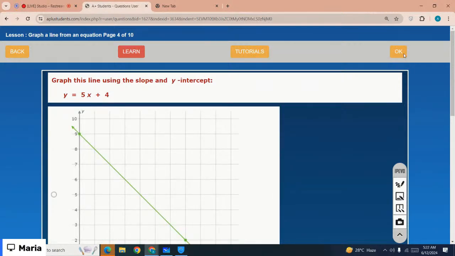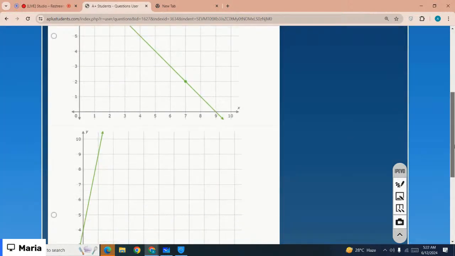Graph the line using the slope and the y-intercept. Y equals 5x plus 4, which is the correct option? The y-intercept is 4.